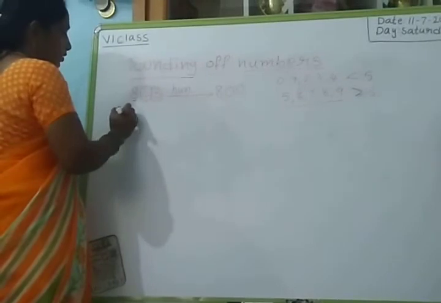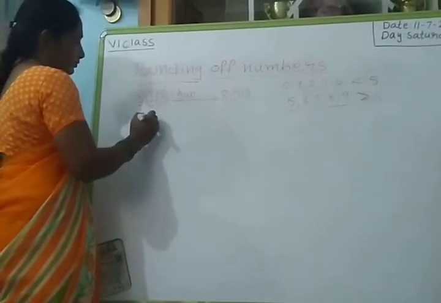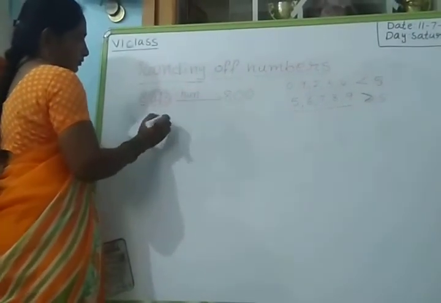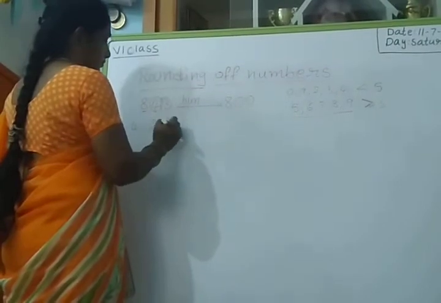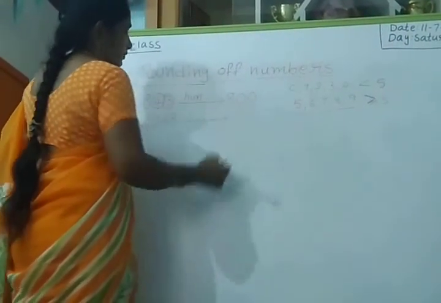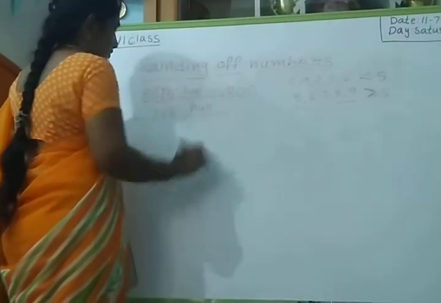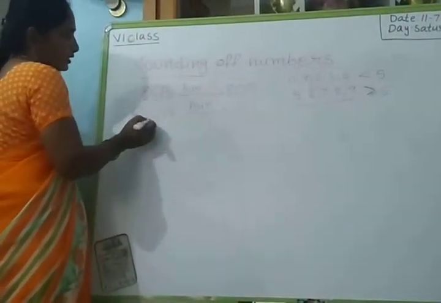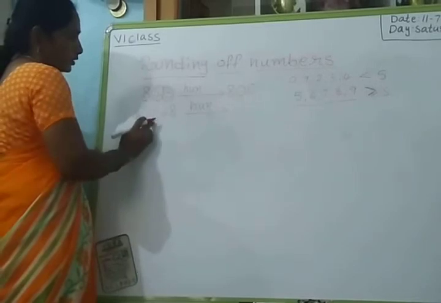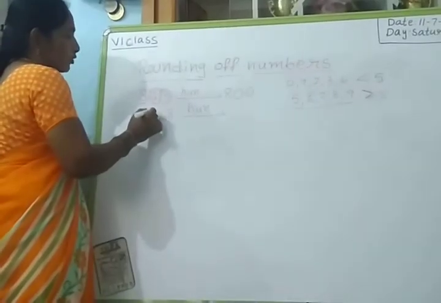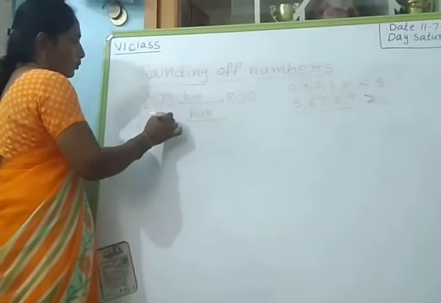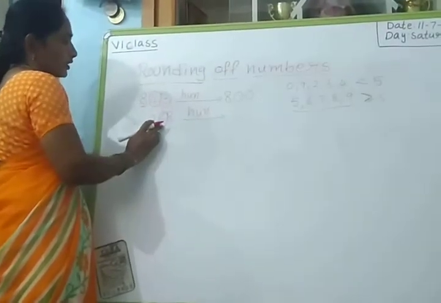One more example. 4268. Round off to the nearest hundreds. Which digit is in the hundreds place? 2. When rounding the hundreds place, we have to see the place before it, the tens place.